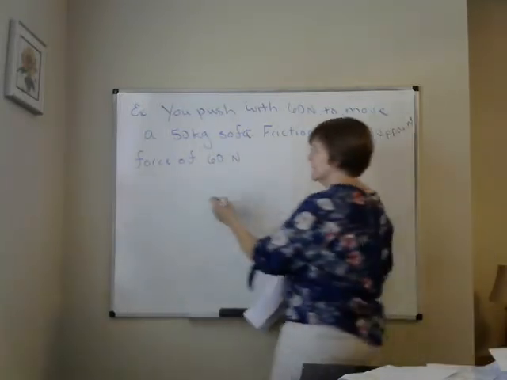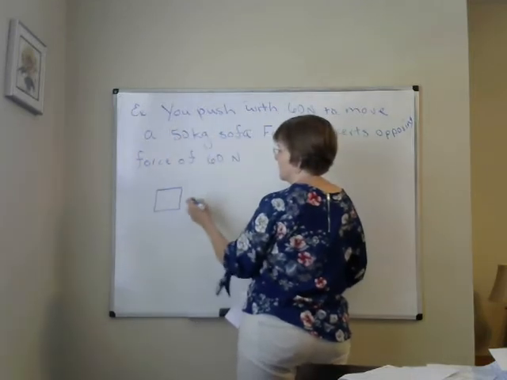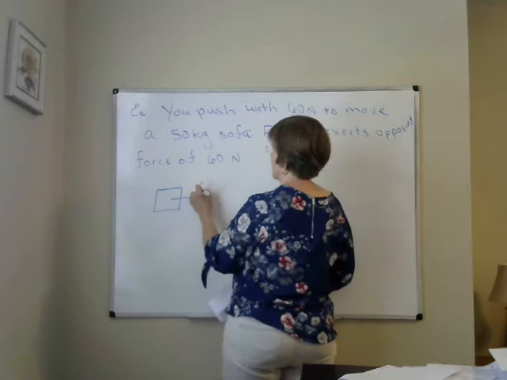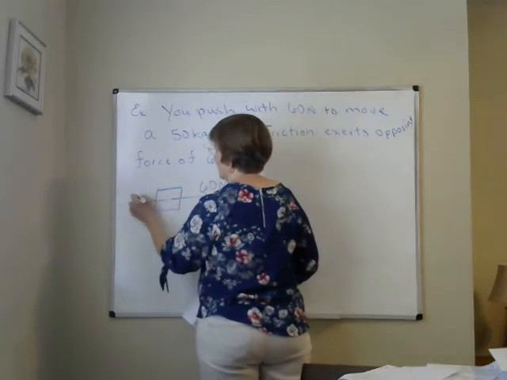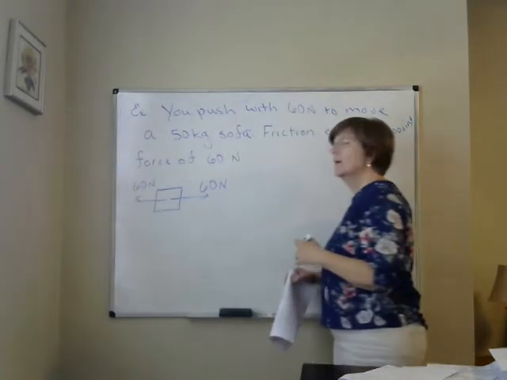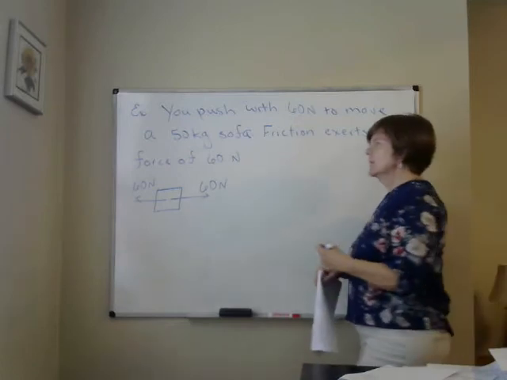So we basically have a situation where we've got this 50 kilogram sofa. You're pushing with 60 newtons. And friction is pushing back with 60 newtons. If somebody said, what's the change in the kinetic energy of the sofa?